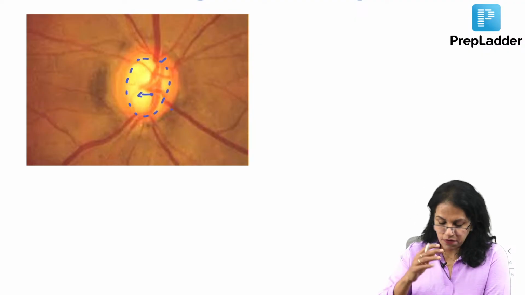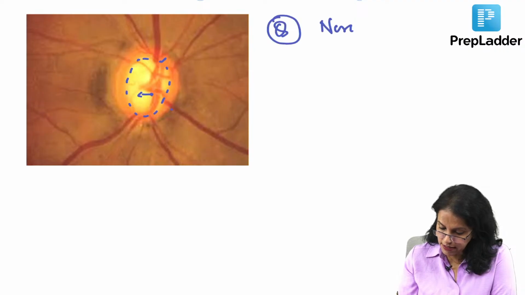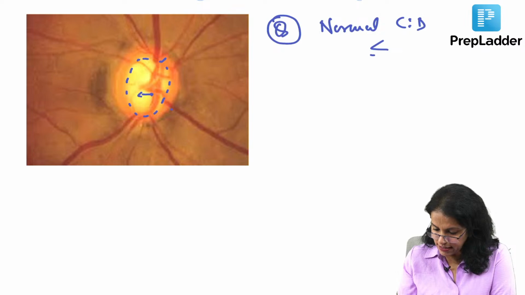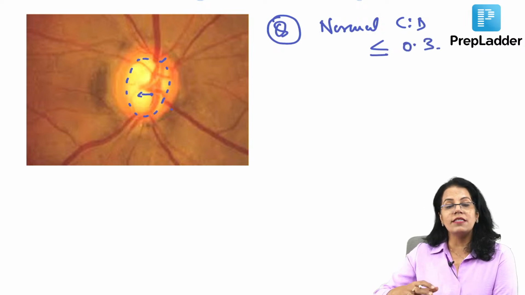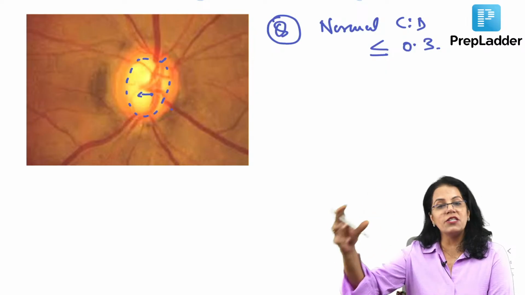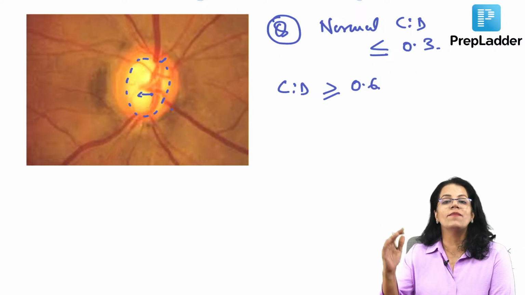So, all of you, what are the things to remember? Where it is debatable is that when you are asked about what is the normal CD ratio, of course, normal CD ratio is documented as less than or equal to 0.3, but we are going to be alert, or we start going for a workup of a patient only if the CD ratio is more than or equal to 0.6 or above.